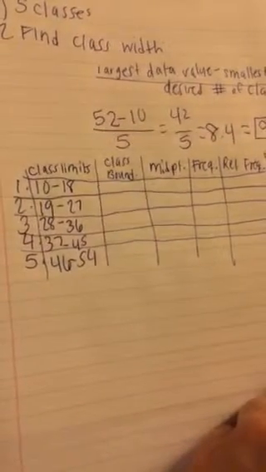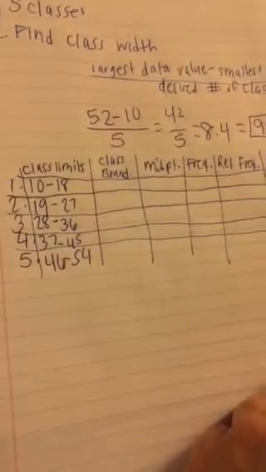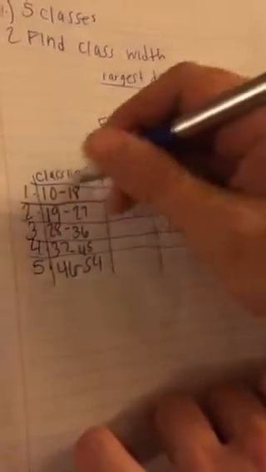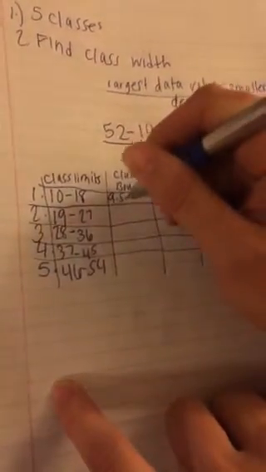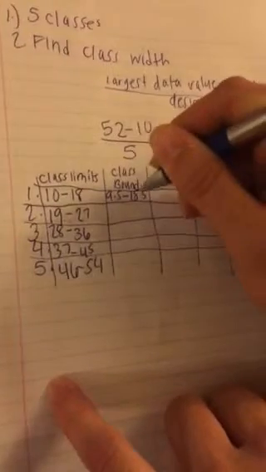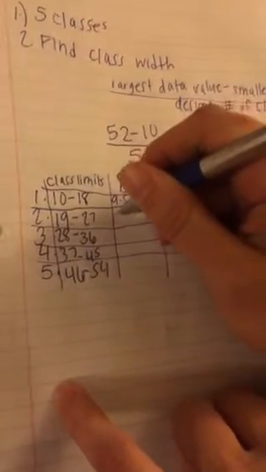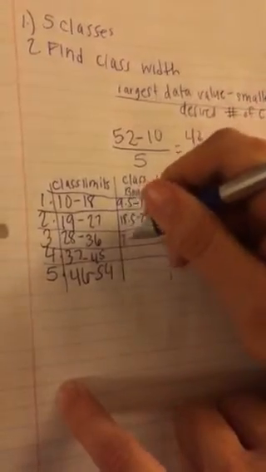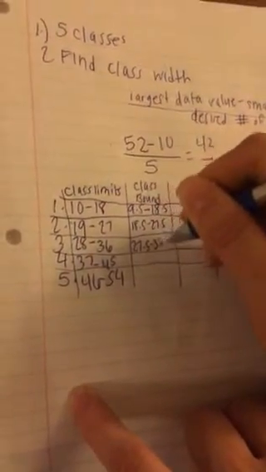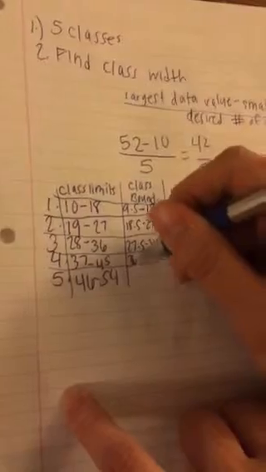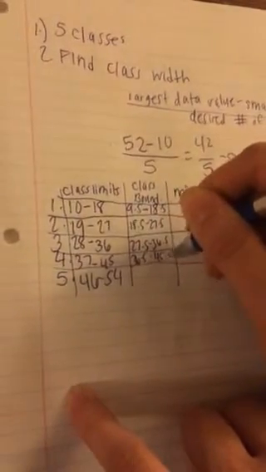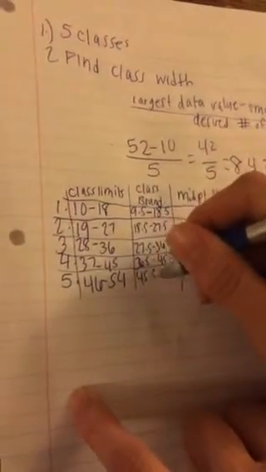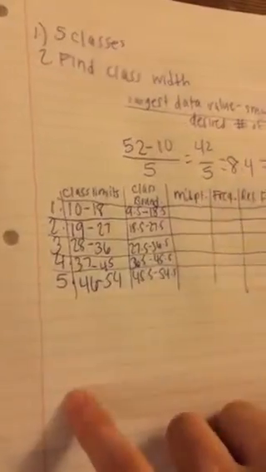For the lower class boundaries, you subtract 0.5 from the lower class limit. So it would be, for this one, 9.5 to 18.5, 18.5 to 27.5, 27.5 to 36.5, 36.5 to 45.5, and then 45.5 to 54.5.